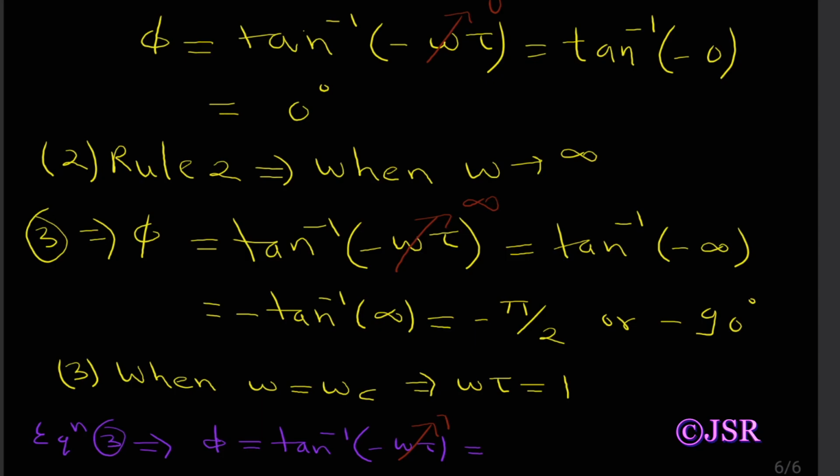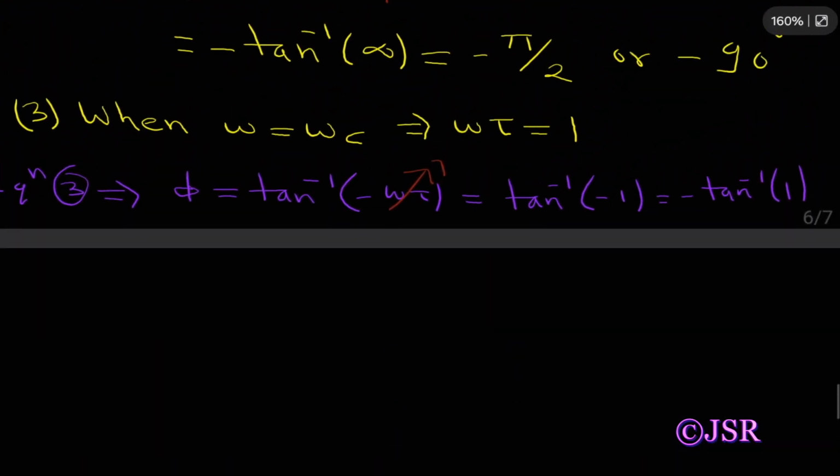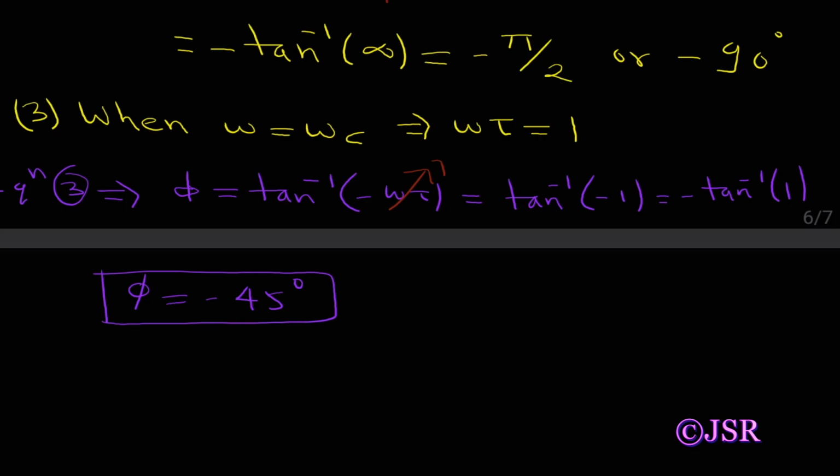So we have tan inverse minus 1, and that will be equal to minus tan inverse 1. So finally phi will be equal to minus 45 degree. So at corner frequency the phase shift will be minus 45 degree for the first order system.